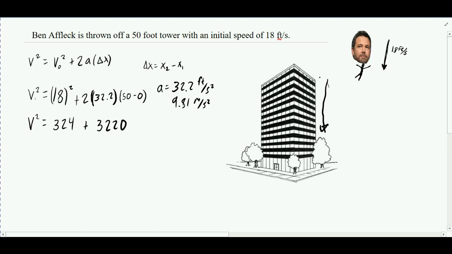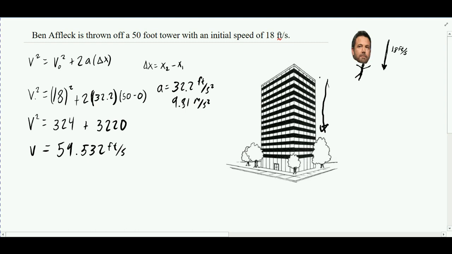Okay, so the square root of those two numbers added together is going to be, and I'll try and go through this because you can pause and do it on your own. It's good to do these on your own, by the way. 59.532 feet per second. This is the speed at which Ben Affleck smacks into the ground.